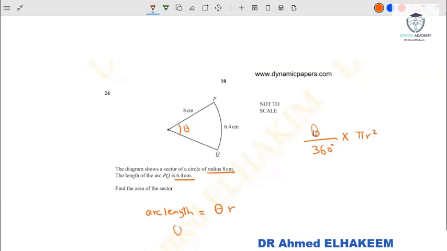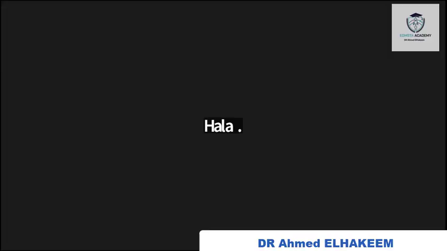So theta equals 6.4 divided by 8. You know this? Okay. 6.4 divided by 8 is equal to 0.8.